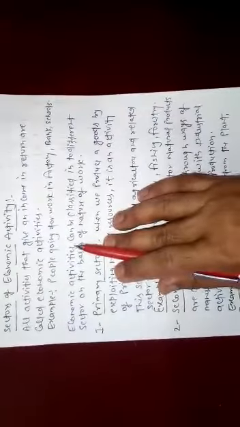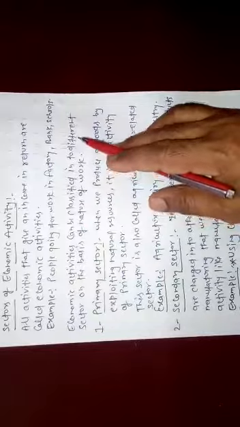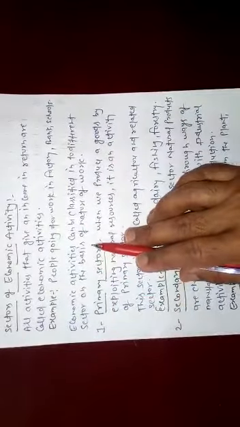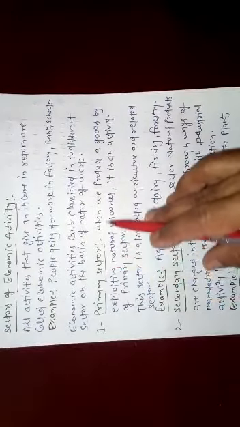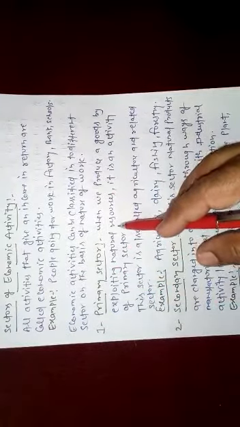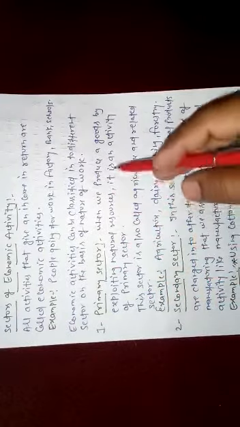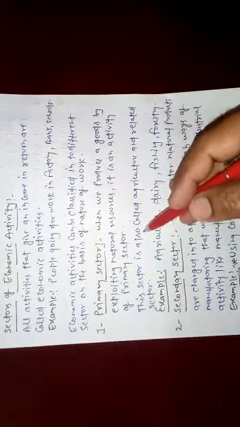Economic activities can be classified into different sectors. According to this, they are categorized into primary, secondary and tertiary sectors. The primary sector is where we produce goods by exploiting natural resources; it depends directly on natural resources.